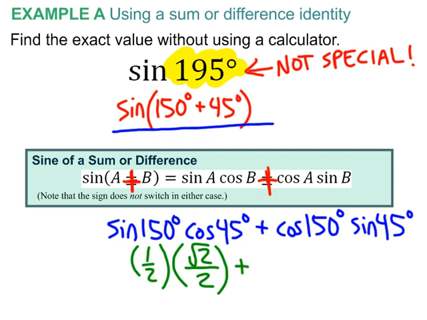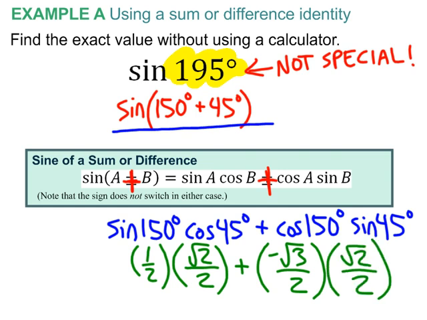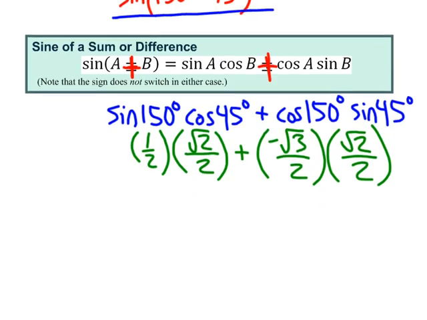in this case. So, plus cosine of 150 degrees. I should recall that's in the second quadrant, and it's cosine, so it's going to be negative root 3 over 2. And the sine of 45 degrees, same reasoning as before, root 2 over 2. So at this point, let's just simplify that expression. 1 times root 2 gives me root 2 over 2 times 2, that gives me 4.